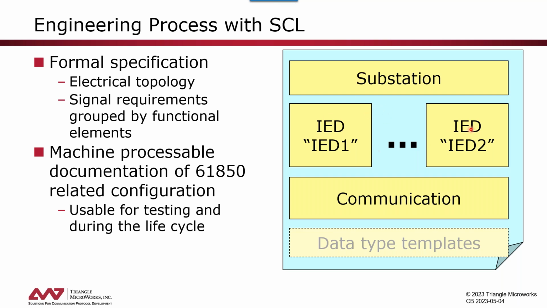At the end, when we added our IEDs with the data model, the communication, we have basically a machine processable documentation of the 61850 related configuration that is not only used during the original commissioning and design process, but it can also be used for testing. We can use it for simulation, and it can also be used later during the life cycle.